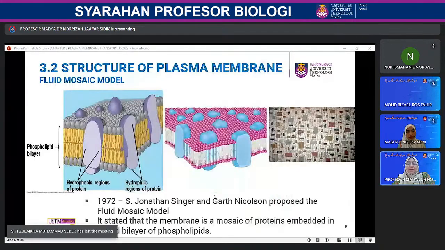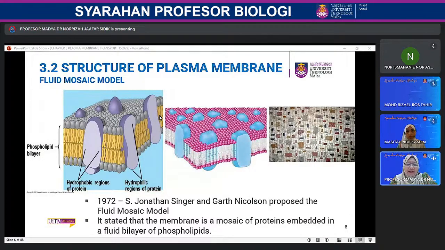So now we look at the structure of the plasma membrane. Before the invention of the electron microscope, scientists had identified the plasma membrane, but there was no direct evidence, and they hypothesized different models.